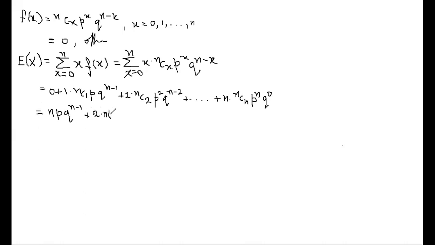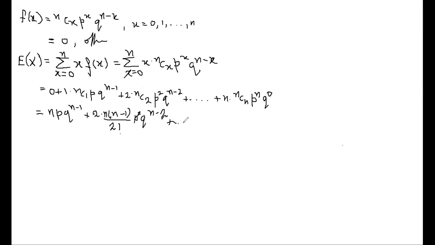I can write it as n into n minus 1 divided by 2 factorial. This is nothing but nCr. So nC2 can be written as n into n minus 1 by 2 factorial, p square, and q to the power n minus 2 remains as it is.